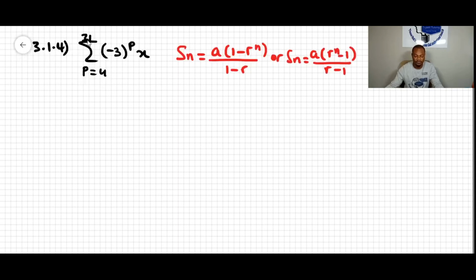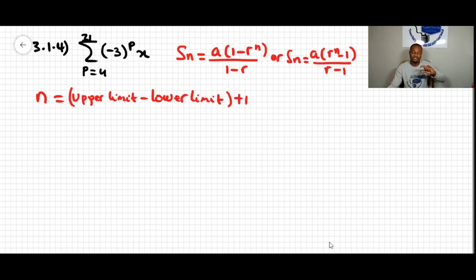The number of terms, n, will be equal to the upper limit minus the lower limit, all plus 1.